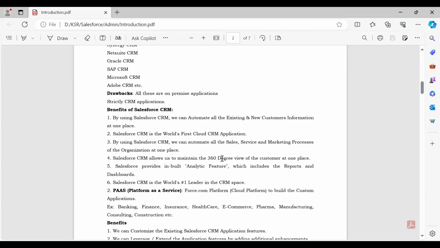Everything we can store at one place. That is what is called the 360-degree view of the customer in Salesforce. That means at one place, we can view the complete data related to the customer: his personal information, that is, basic and contact information, as well as opportunity-related information.